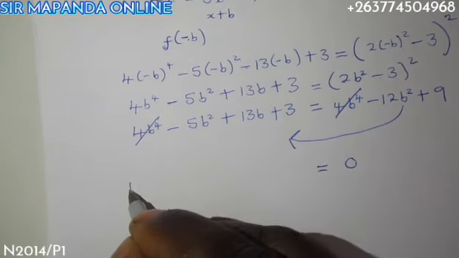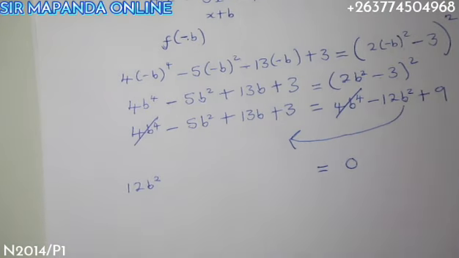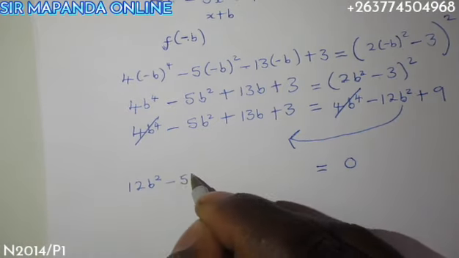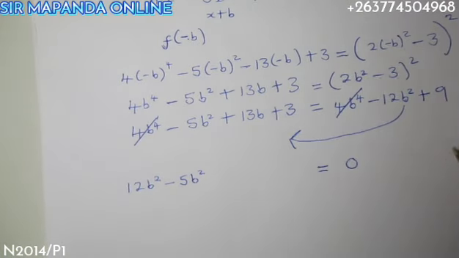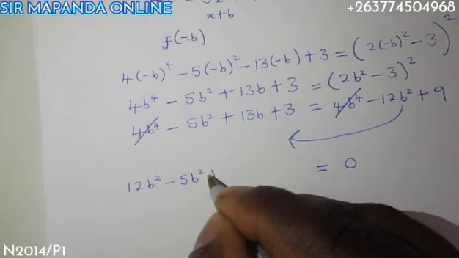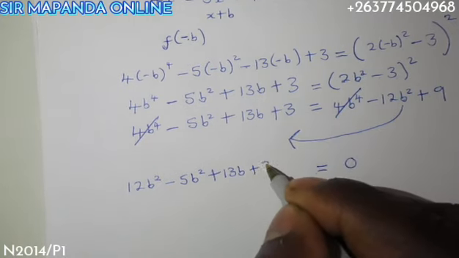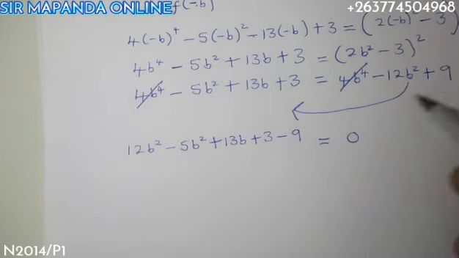The −12b², if it is moved to the left, becomes positive, which is a like term with −5b² on the left side already. Then 13b plus 3 is a like term with −9 if we move +9 to the left. Then you leave the right side with 0.